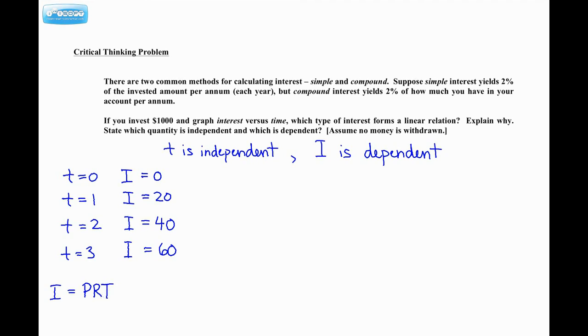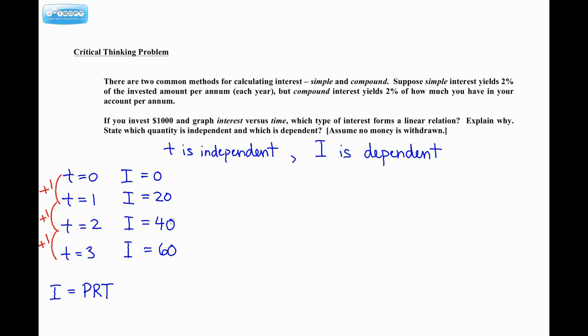All right, well, let's see if these values form a linear relation. And we'll use the same technique that we did with the ordered pairs that we saw in a previous video. So from time equals 0 to 1, that's an increase of plus 1. And so was this. 1 year was going by.